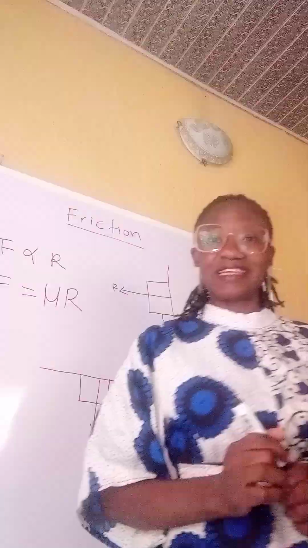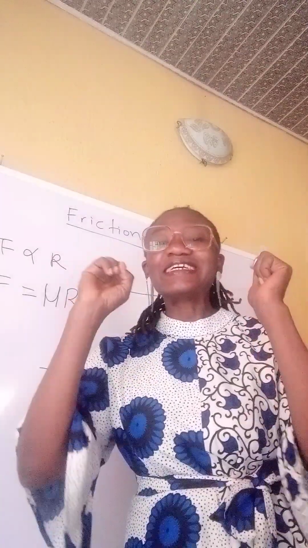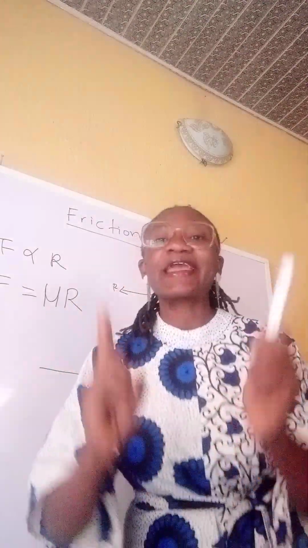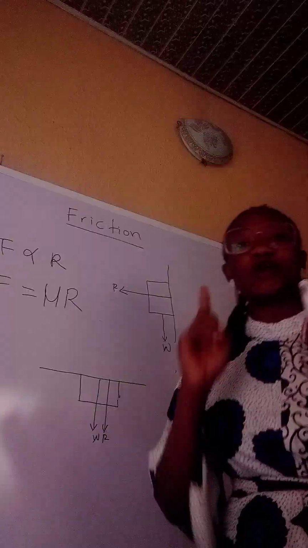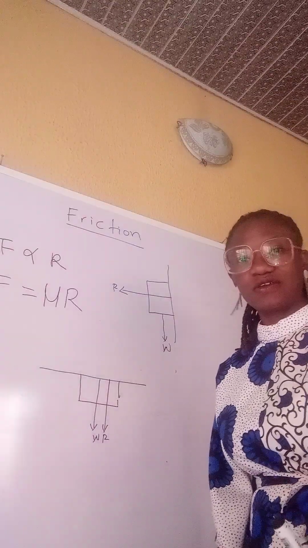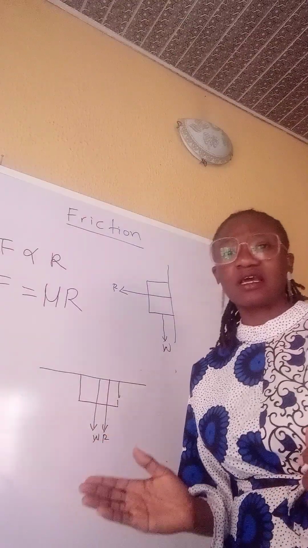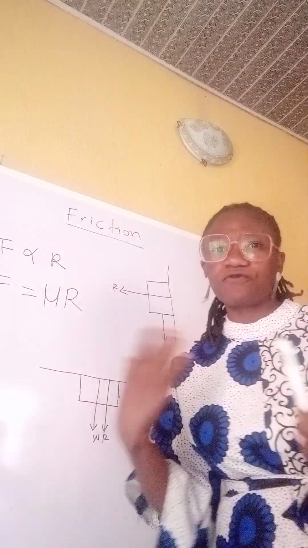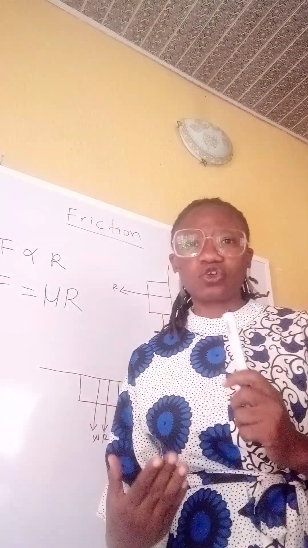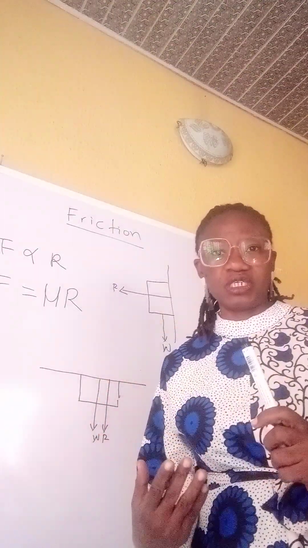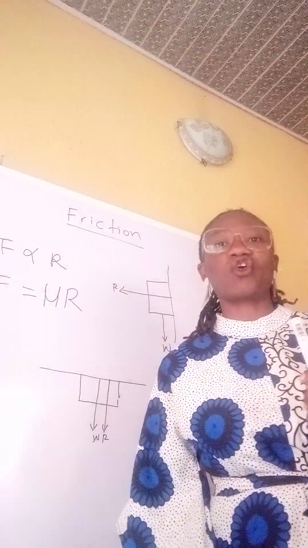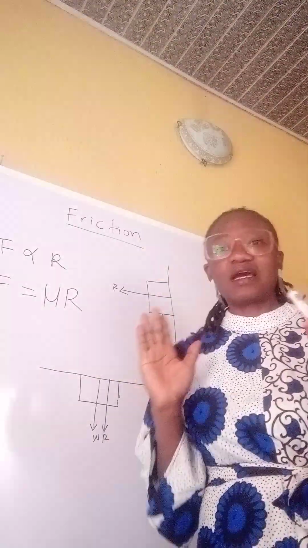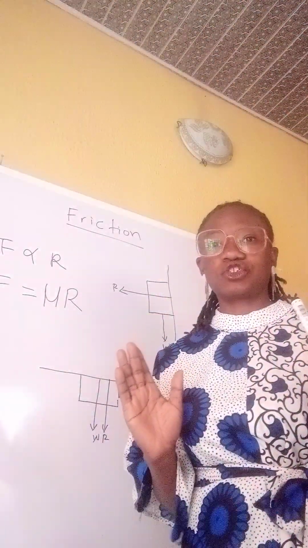I hope you understand that principle. So when you have a problem like this and you are confused about what direction the normal reaction should be, all you need to do is draw a straight line perpendicular to the plane, and then you have your normal reaction.